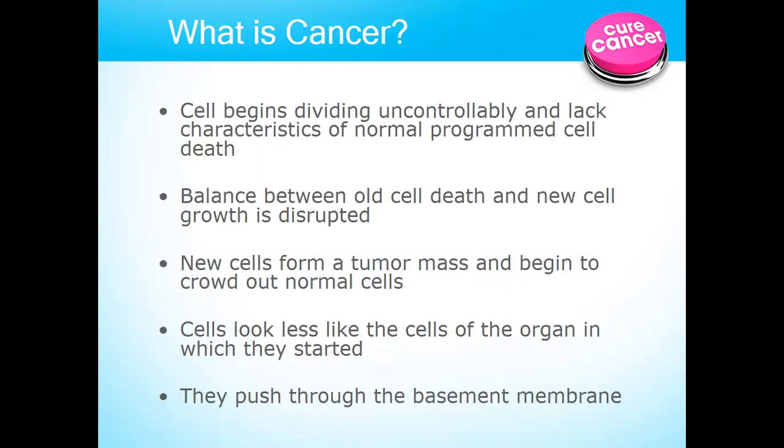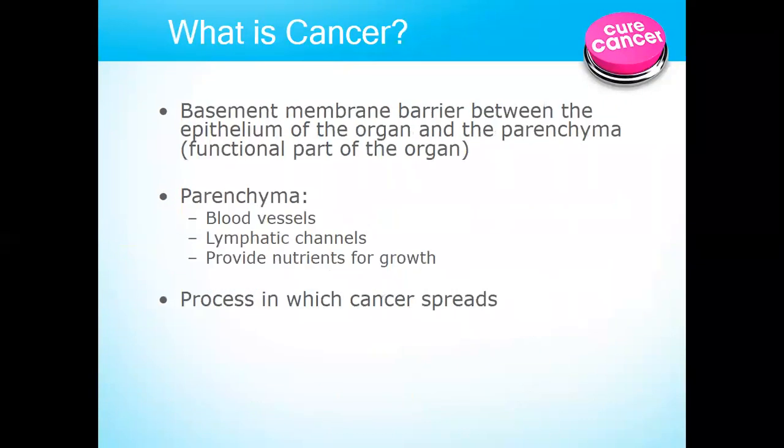And at some point, they push their way through the basement membrane. The basement membrane usually provides a barrier between the epithelium of the organ and the parenchyma, where there are blood vessels and lymphatic channels that can provide nutrients to the tumor, causing further growth of the cancer.